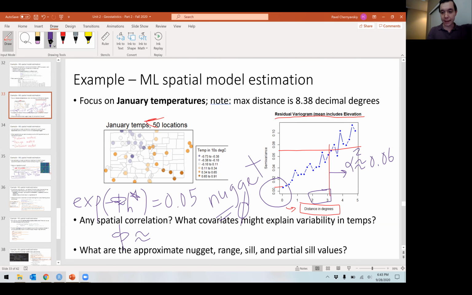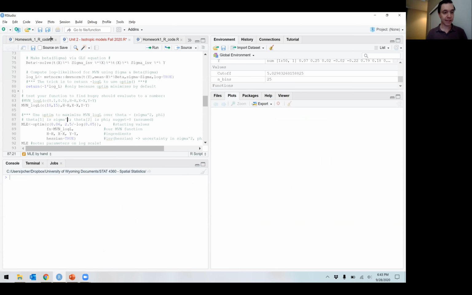So I thought that my effective range was somewhere between 2 and 3, call it 2.5, and using that, this is how I specified this starting value. Now, of course, I could have just picked another number like 2 or 3 or 1, but the better the starting values you pick, especially for this manual MLE, the better our result.